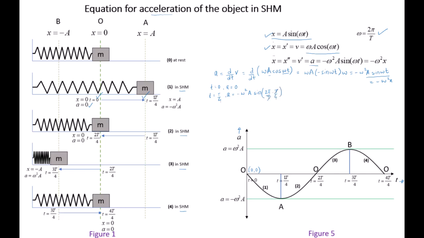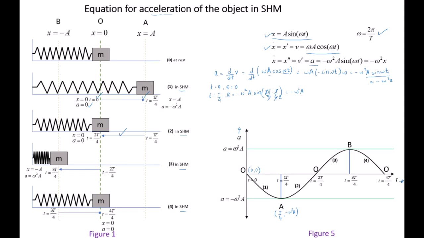So T and T cancel. This will be 2, and this will be sine pi by 2, which we know is 1, so it will be minus omega square A. So the point A is representing T over 4, comma, minus omega square A.